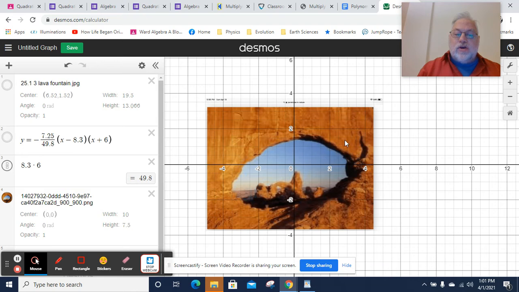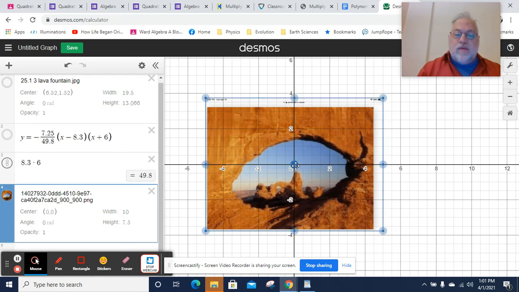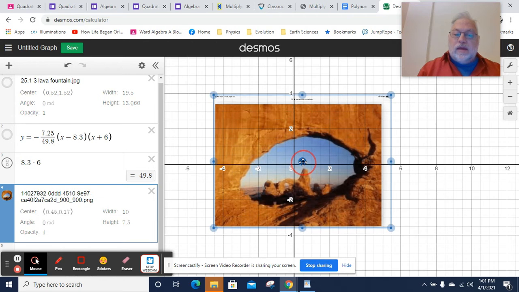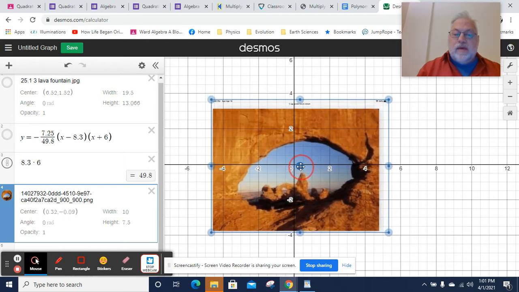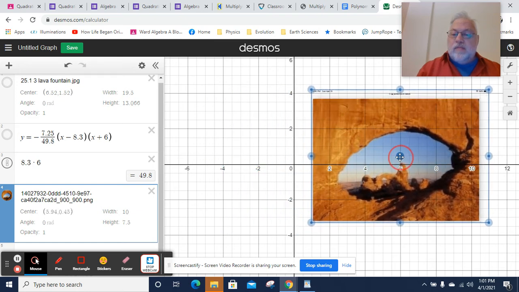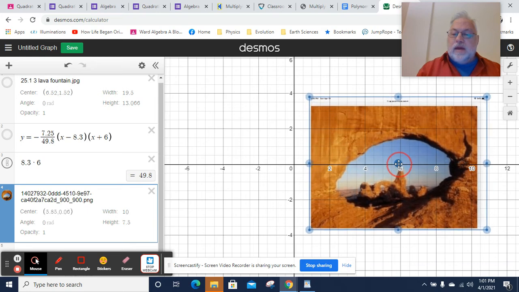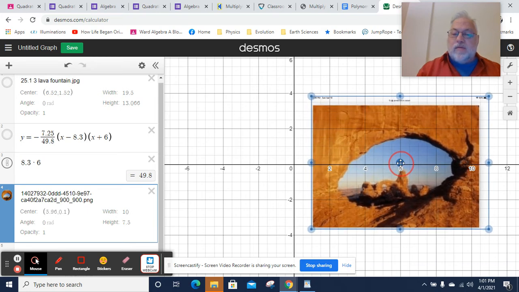And this lovely arch, currently I can move it, by the way, grab this and move it around. I'm going to move it so I get a reasonable x-intercept. Let me go over here. I'll use maybe 10 as my x-intercept. And yeah, that's about right. And now I feel like I ought to rotate it just a little bit because I think we're good.